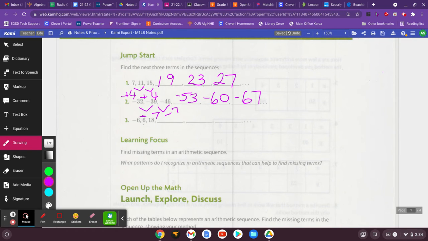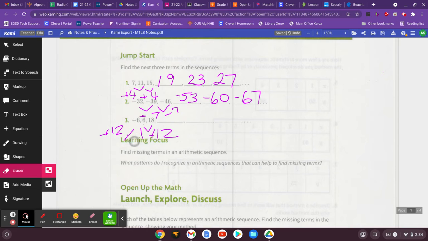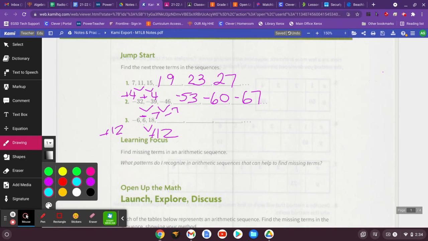All right, now for 3, negative 6 to 6. That's either a plus 12 or a times negative 1. Well, going from 6 to 18, that's the plus 12, so it's not a multiply. We are still adding. 18 plus 12 is 30. 30 plus 12 is 42.